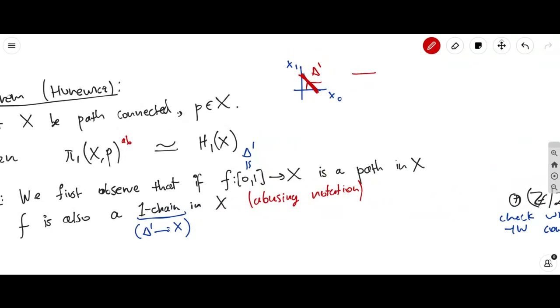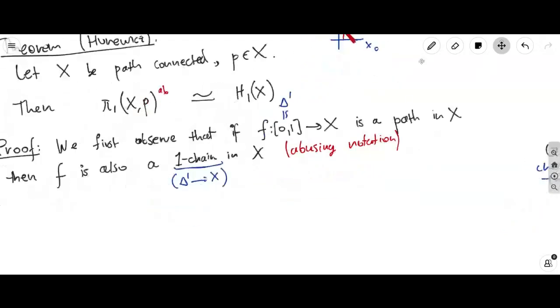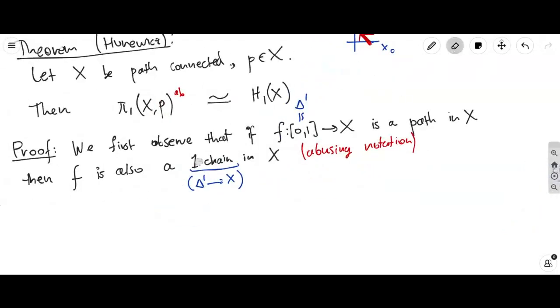And the way we orient the interval is we go from the smaller number to the larger number. So as you can see, there's an obvious homeomorphism from one to the other that will take that endpoint to 1, that endpoint to 0. We do not even bother writing what that homeomorphism is. So when we say that f is a one chain, we just abuse notation as we've been doing for the first part of the lecture.